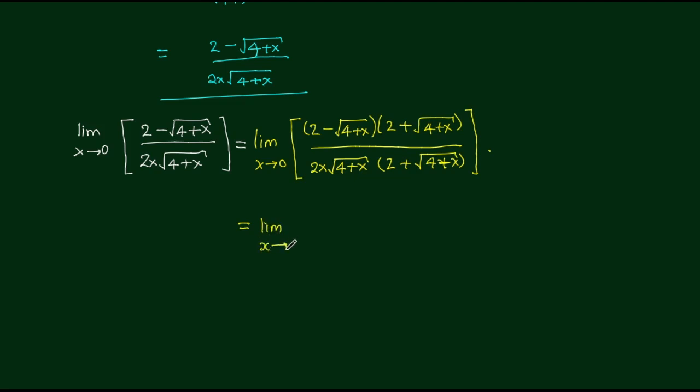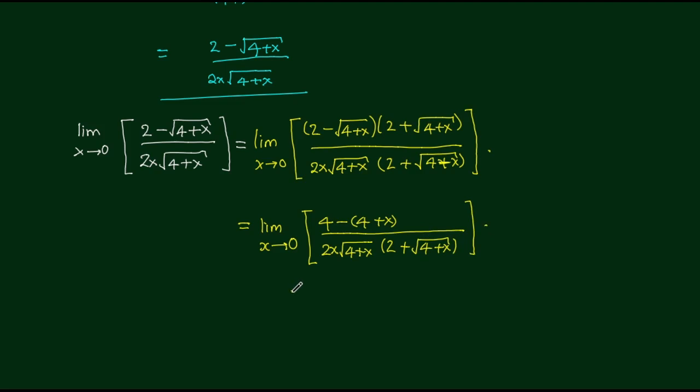So x tends to 0 of the function we have here, 4 minus into 4 plus x from the numerator, and our denominator remains the same, so we simply copy it down here, 4 plus x times 2 plus root of 4 plus x.